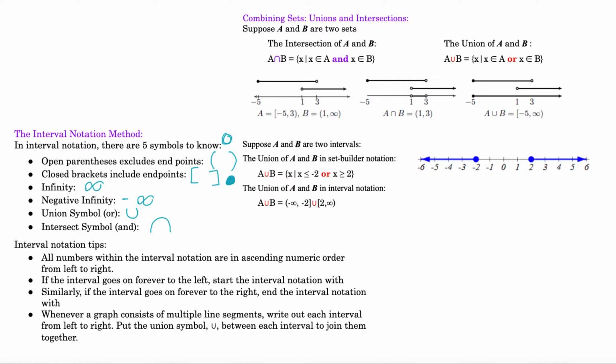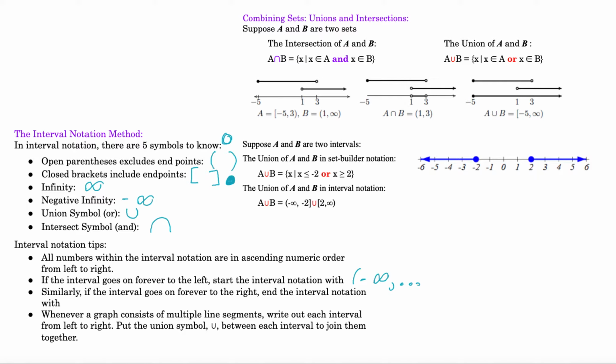All numbers that are within the interval notation, typically we write in ascending order from left to right, just for easier reading. If the interval goes on forever to the left, start the interval notation with that as well. So if it's starting and it's going forever on the left, we'll start with negative infinity, and then we'll go to a certain location.